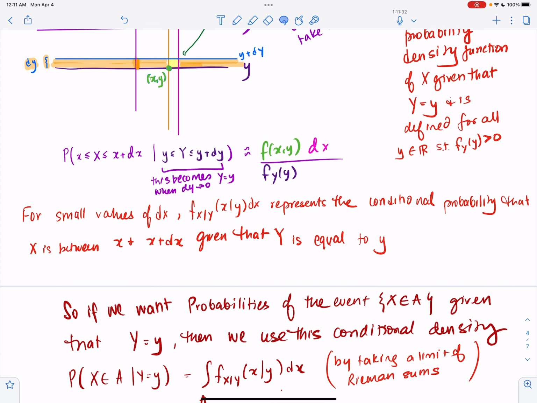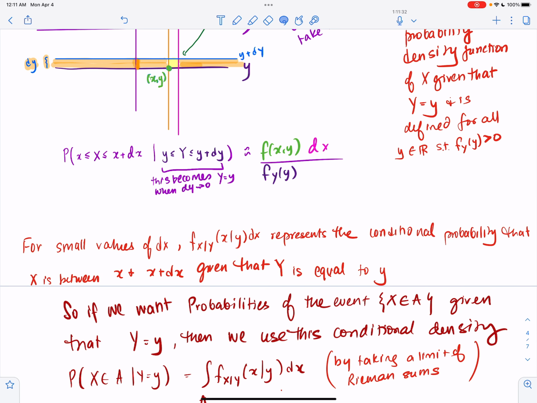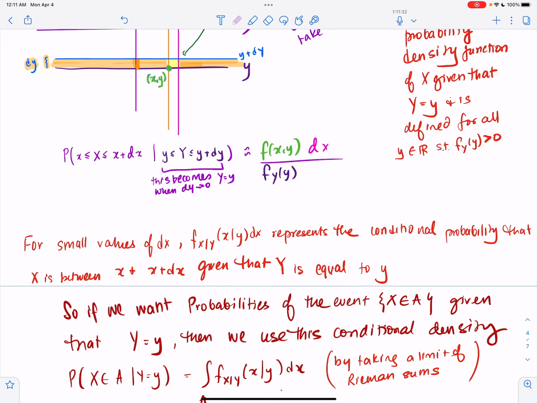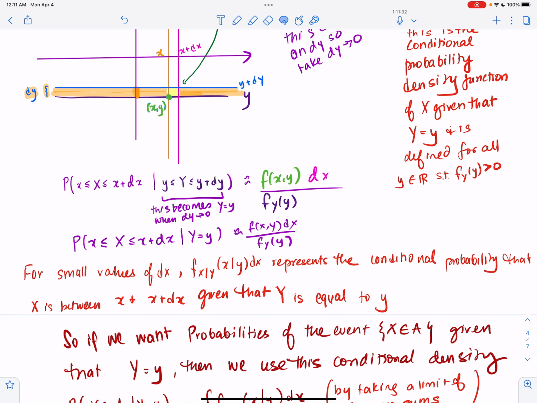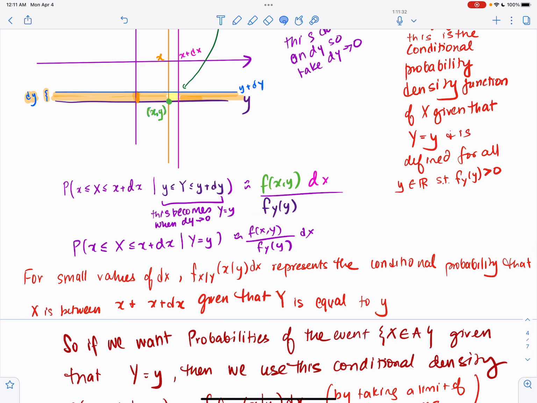So let me just move this, sorry. I will write that next. So you have the probability... okay. So now you just think of this as a density. If you want, you can even write the dx like this.